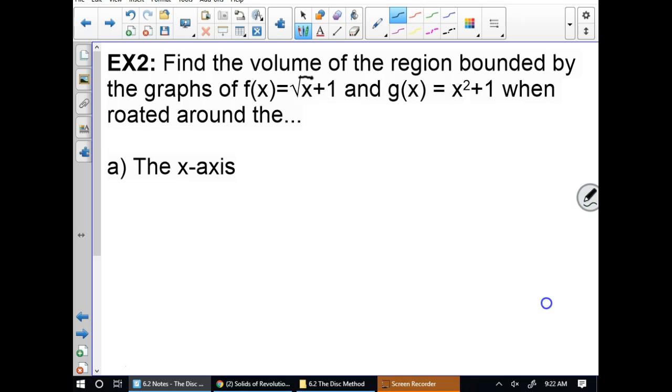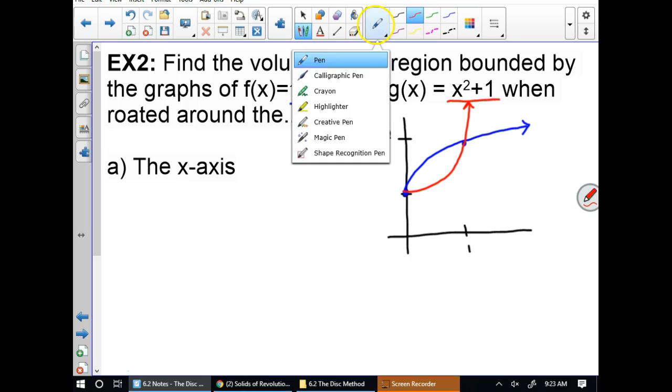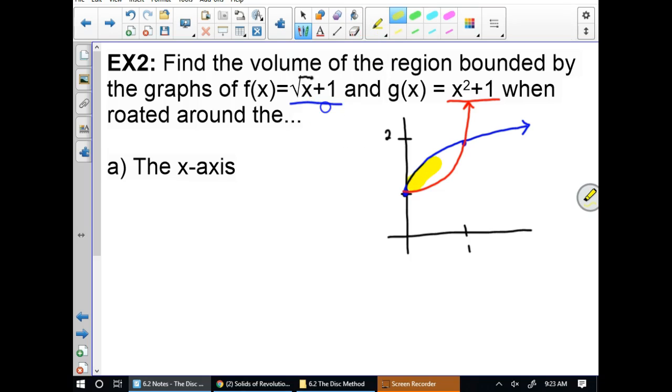So if we think of the graph here, the square root of x plus 1 will look like this, and x squared plus 1 will look like this.